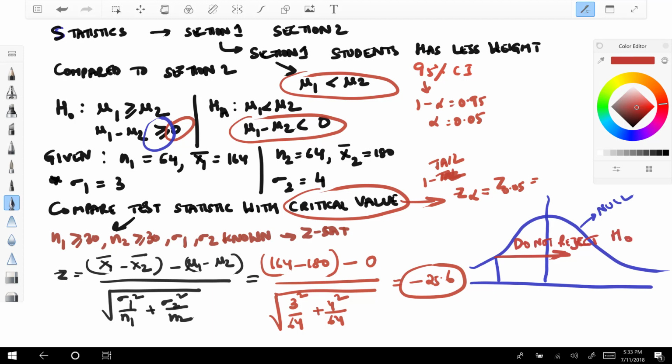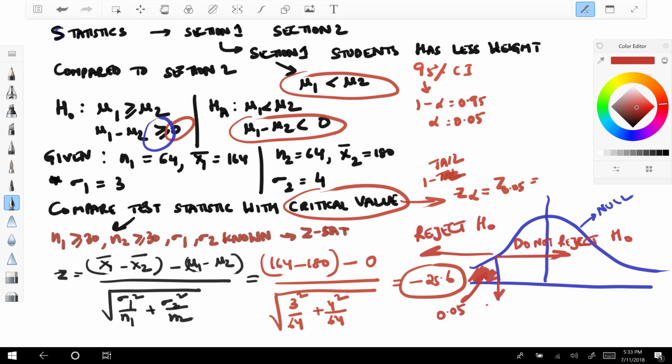So anything to the left, so this whole area, we reject H null. So this whole area here is 0.05. So we are looking for a critical z value here.